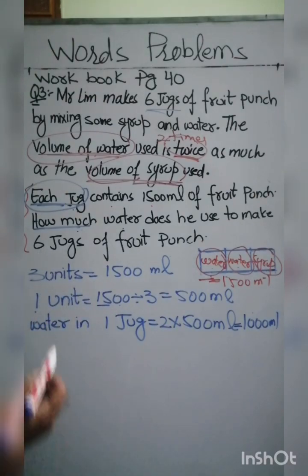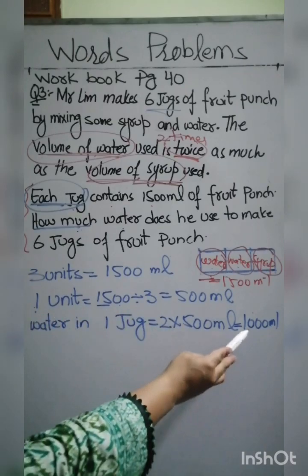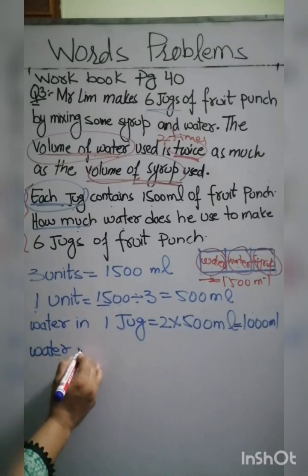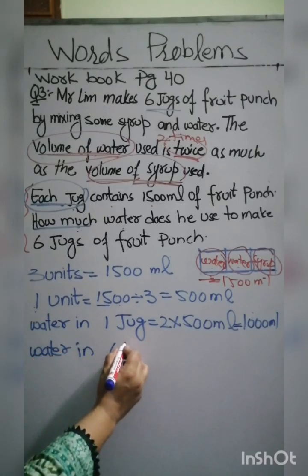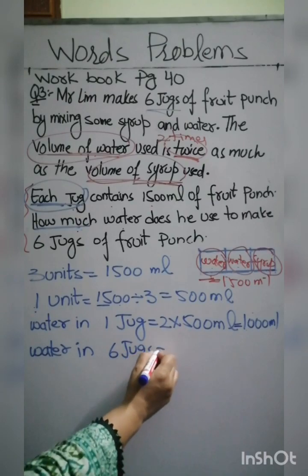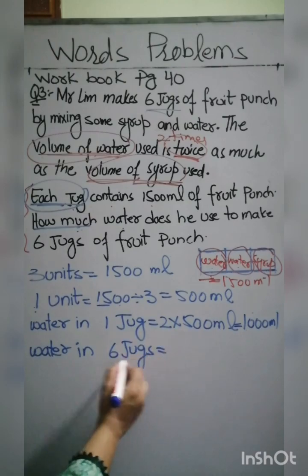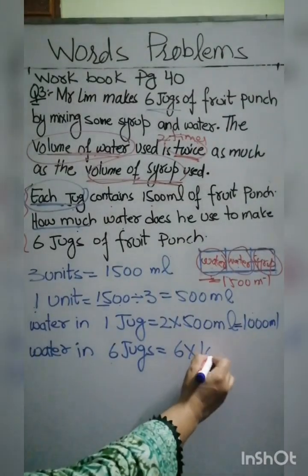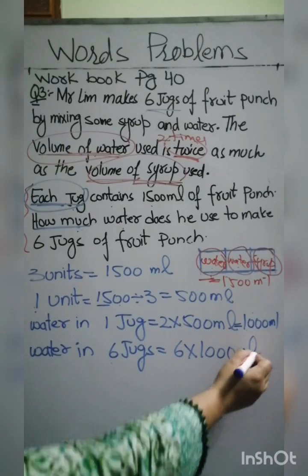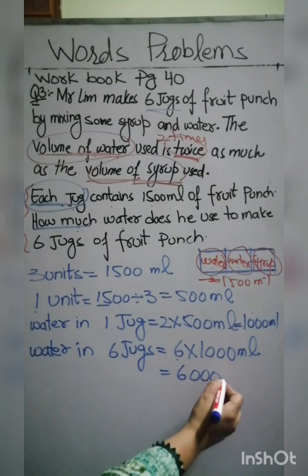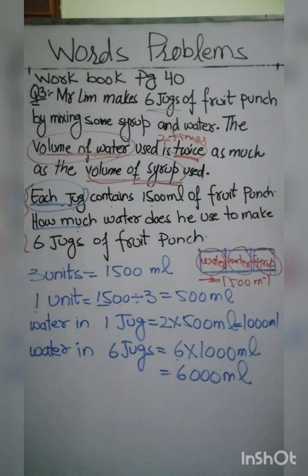So if one jug contains 1000 ml, then 6 jugs contain 6 multiplied by 1000 ml. 6 ones are 6, 0, 0, 0, 6000 ml.